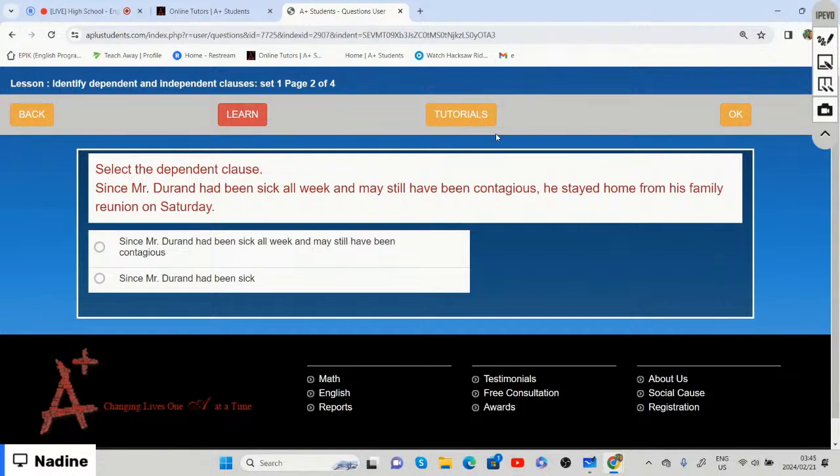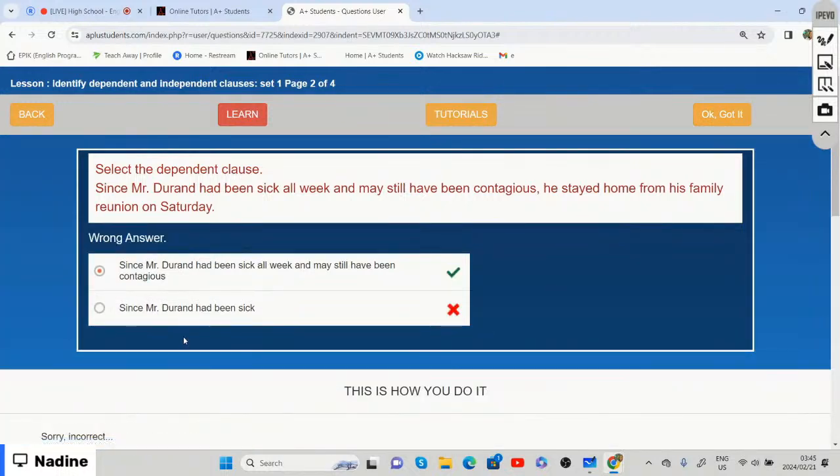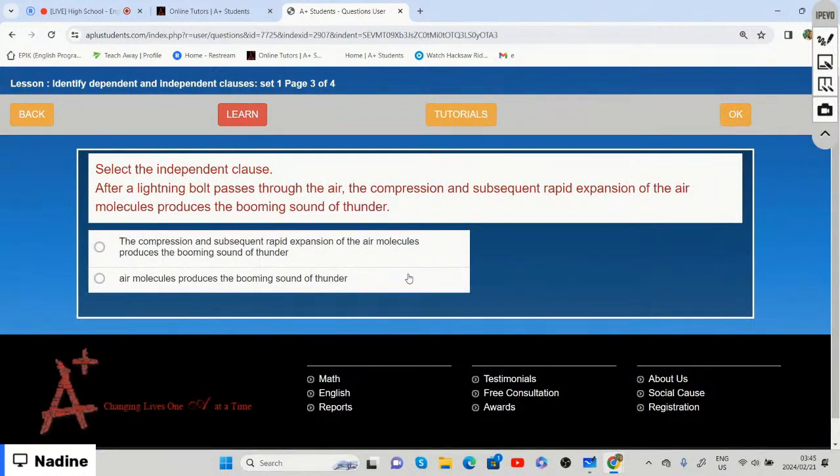And if we were to select the dependent clause, let's say since Mr. Duran had been sick all week and still has been. So it's basically the first one, not the second one.